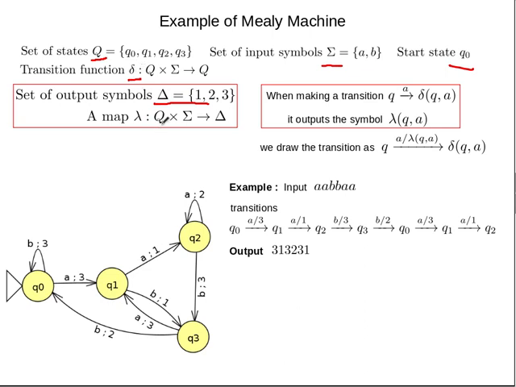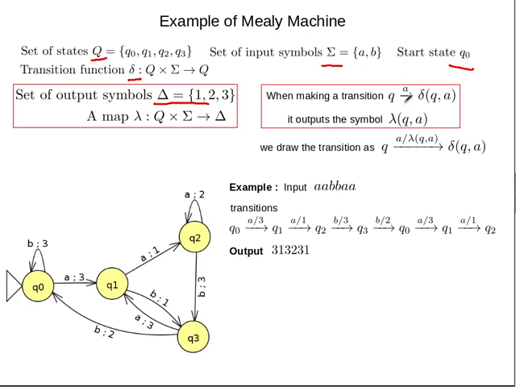But here this lambda is telling you what to emit as output. So you have a current state Q, and the next input symbol is, say, A. While making the transition according to delta, you also output this output symbol.